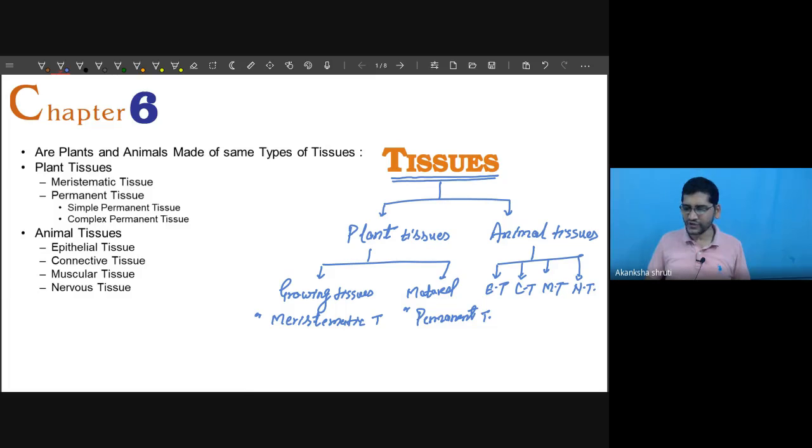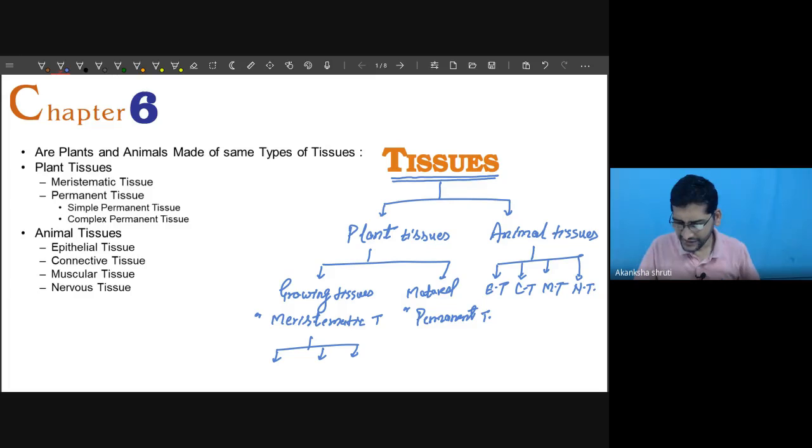So first we are going to define tissues, then further classification. Further, this meristematic can be classified into three categories, that we will see: apical, intercalary, these things.